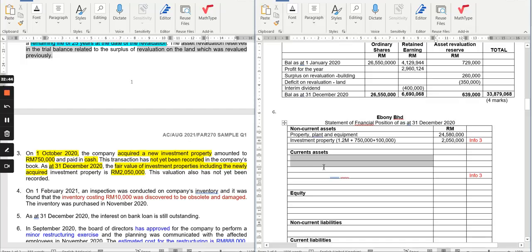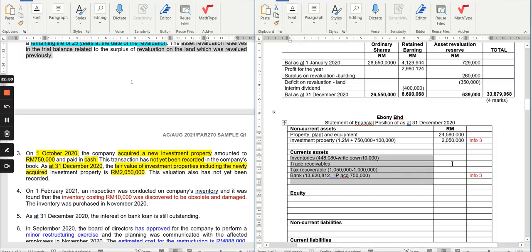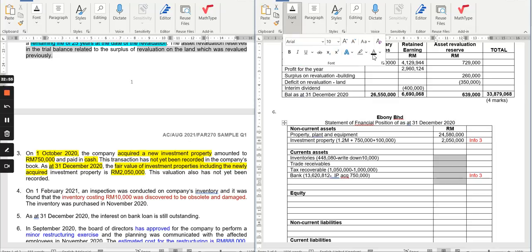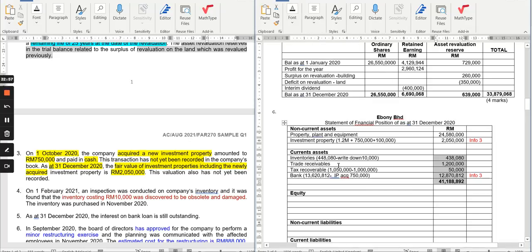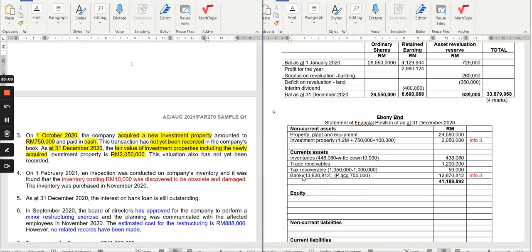And for the current assets, there are only a few. Inventories with the write down, so you have 438080. The adjustment for write down is in number 4. And trade receivable, no adjustment.